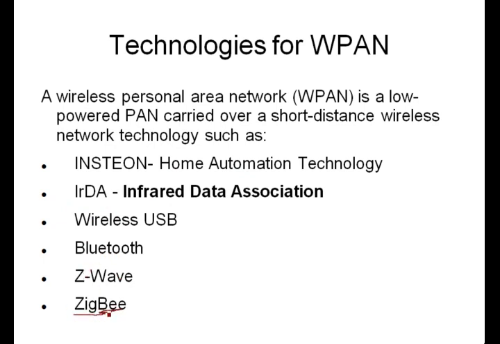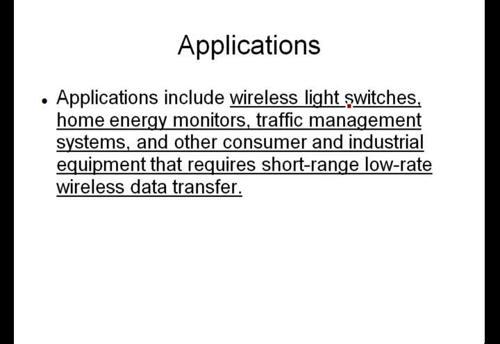So ZigBee is one of the technologies of wireless personal area networks, just like your Bluetooth. The applications include wireless light switches, home energy monitoring, traffic management systems, and many more applications having short range, low rate wireless data transfer requirements.